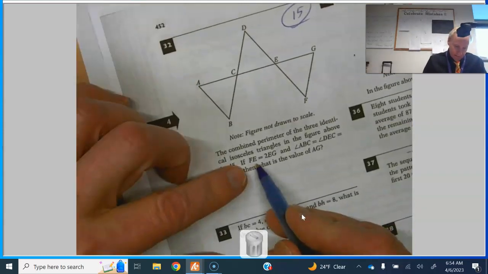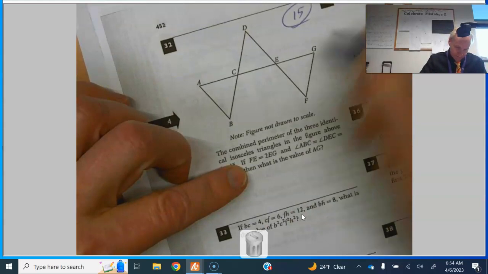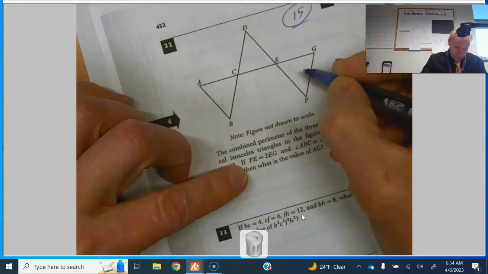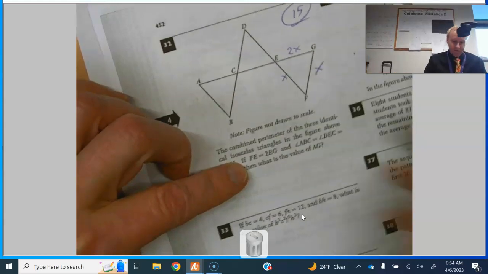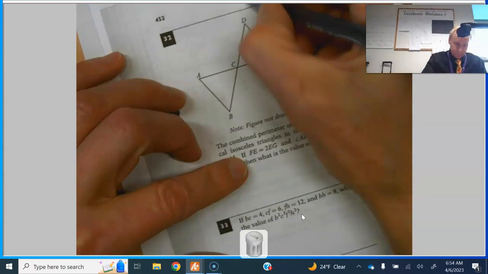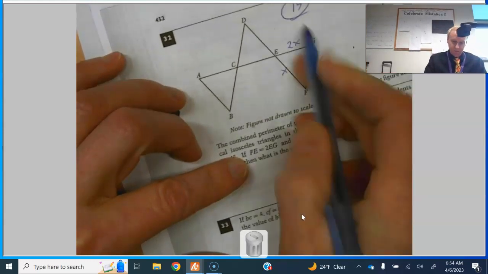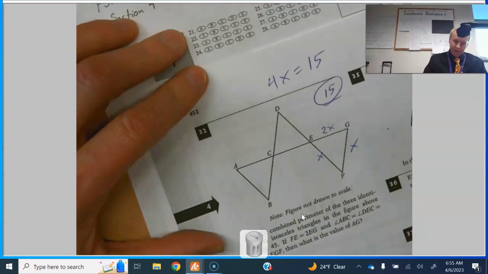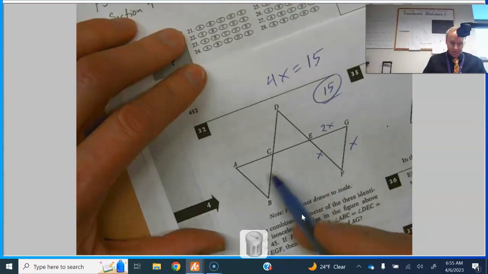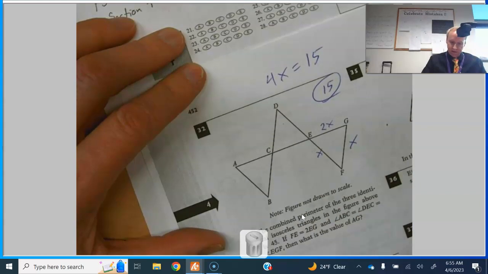If FE equals 2EG, so 4x equals 15, because the 3 are identical, and they all add up to 45. So each one has a perimeter of 15.